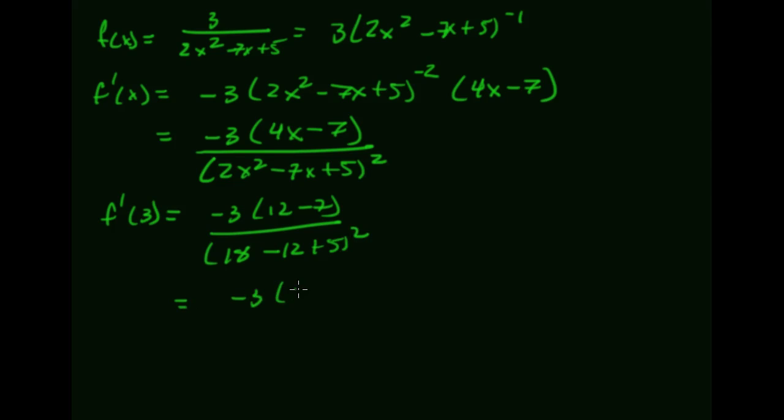It's going to be negative 3 times 5 over 4. So this is negative 15 over 4. I mean, you can do that using the calculator. Actually, you can just put in f of x as y1, and then just take the derivative at 3 using the nDeriv function on the calculator. You should get the same answer.